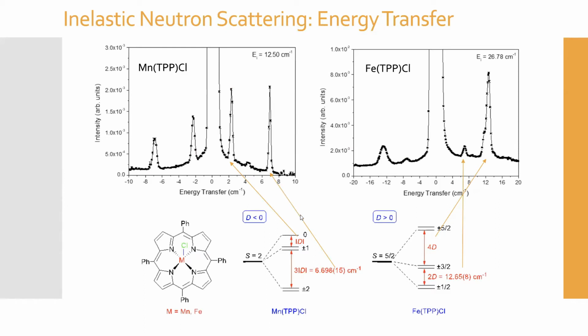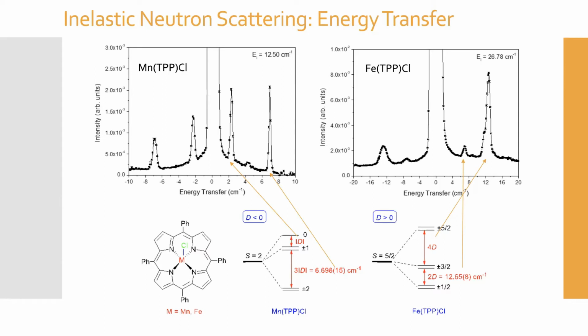This lines up with what we expect theoretically, and our main excitation happens around the 7 wave number line. For iron, we also see what we expect: a very small excitation around 6 wave numbers or so, and then a larger excitation around 12 wave numbers.